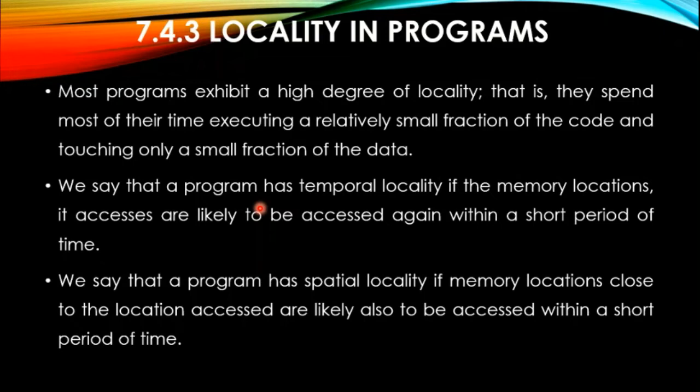For example, whenever we pass arguments to a procedure, that procedure can be used multiple times within some amount of time based on our requirement. In case we use a normal variable declaration, once it is initialized, the same variable value can be used within the entire program until its completion. So these are the two types of localities in programs: temporal locality and spatial locality.